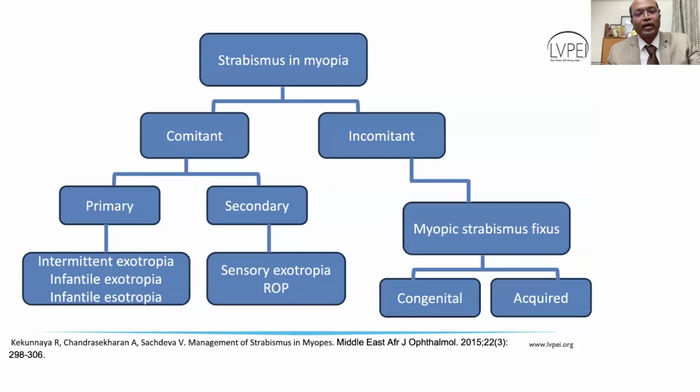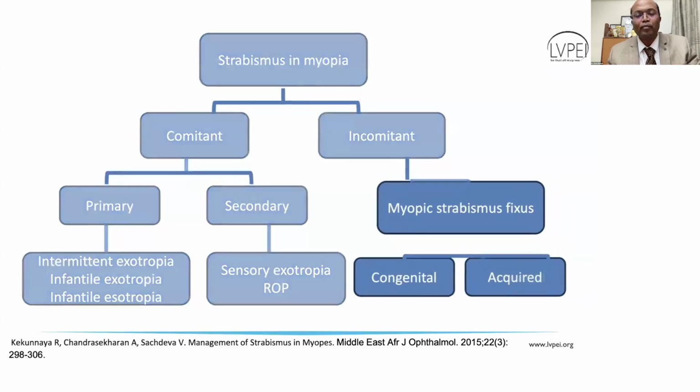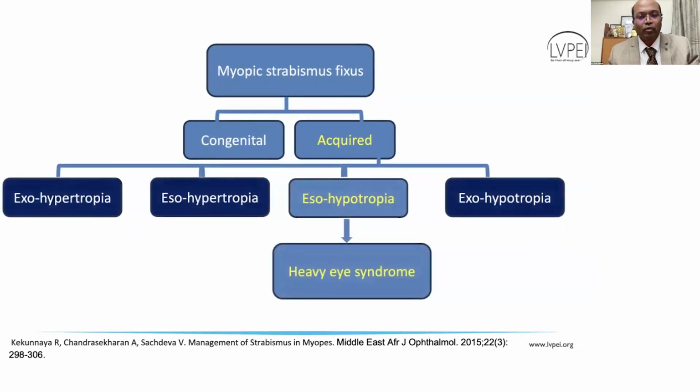So how to classify the strabismus in high myopia? Basically, there are two major categories, comitant and incomitant. I'm not going to go into detail about the comitant type of strabismus in myopia. My talk will be restricted to the incomitant component, which is called myopic strabismus fixus, which is broadly classified as congenital or acquired.